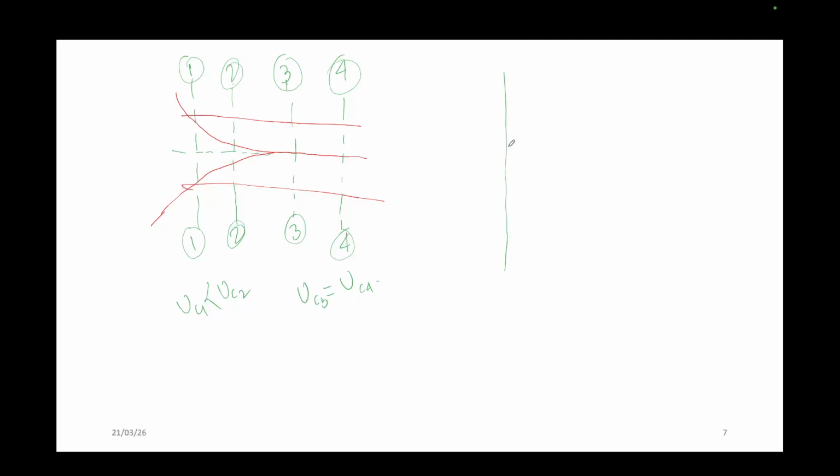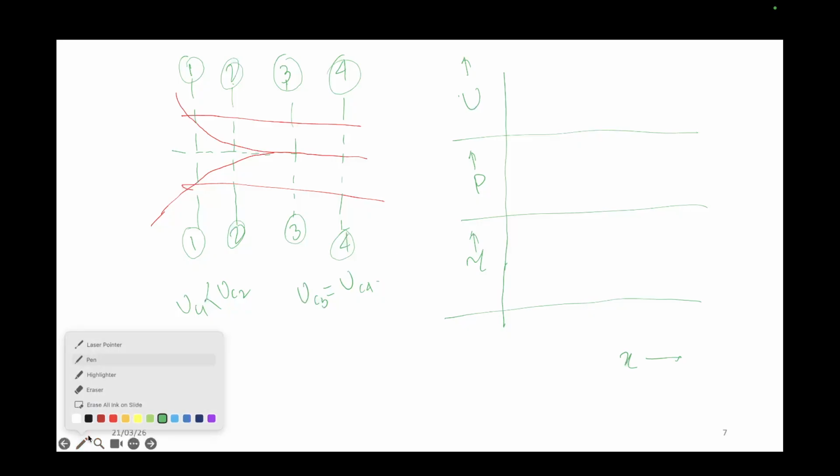So let me draw some profile for you. First is the U profile, that is with length. So the U profile, and then also the pressure and then the tau profile.